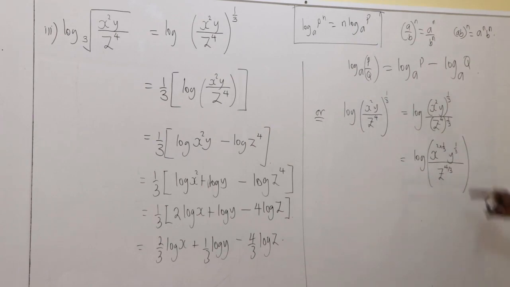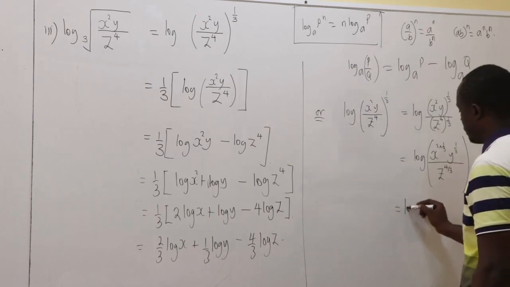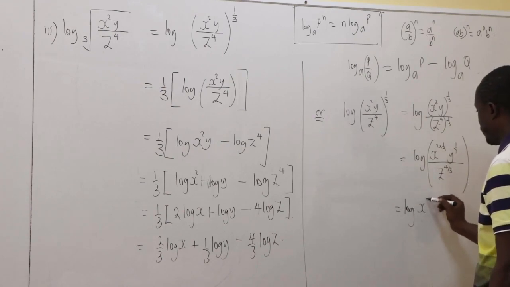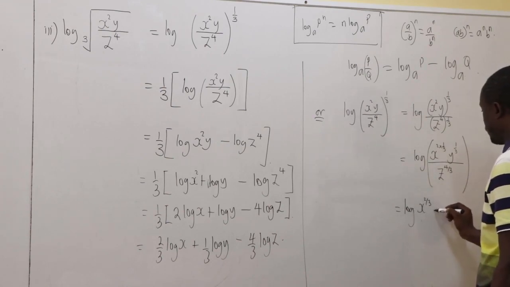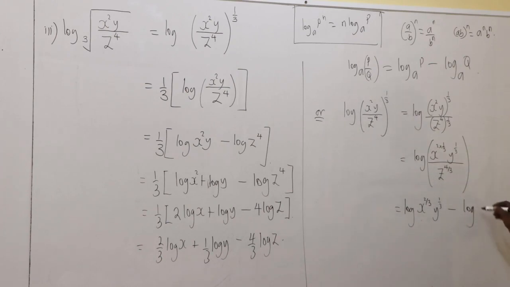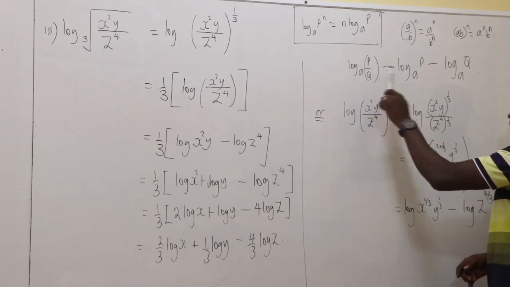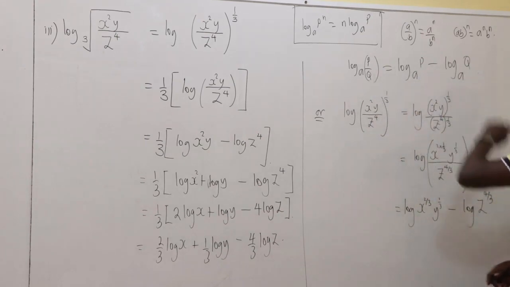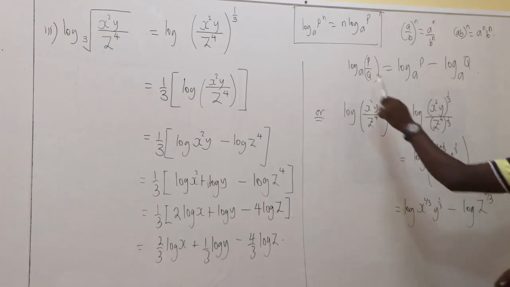Now, what is this? We have the up one over the down one. So clearly this is the same as log of the up one, log x to the power 2 over 3 y to the power 1 over 3, minus log z to the power 4 over 3. Why minus? We know if we have log a of p minus log a of q, this is the same as log a of p over q.